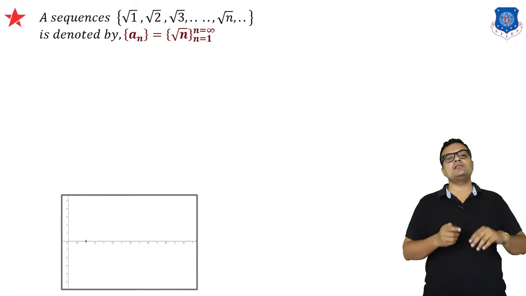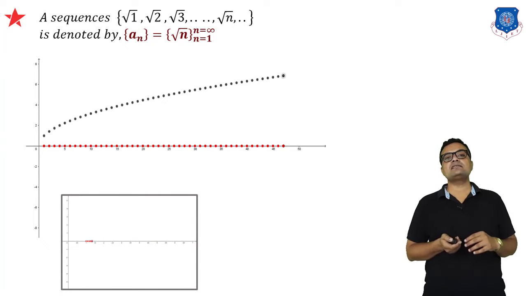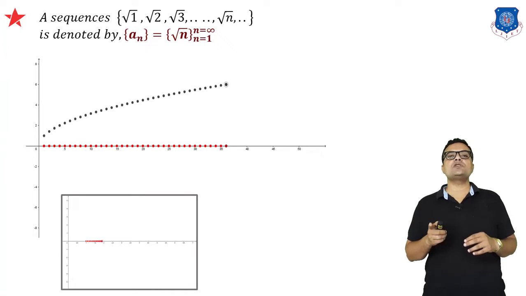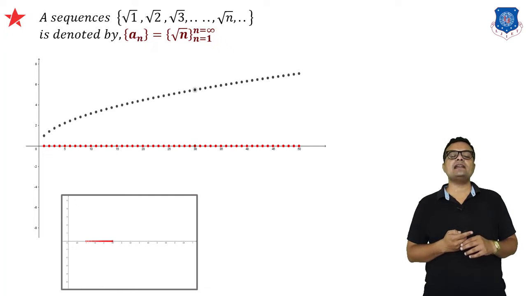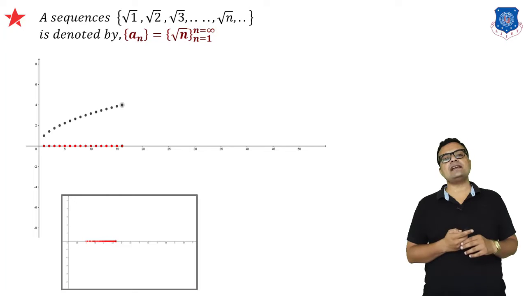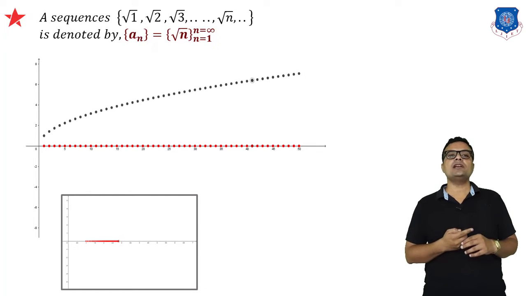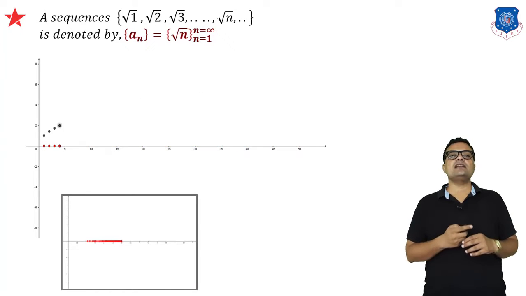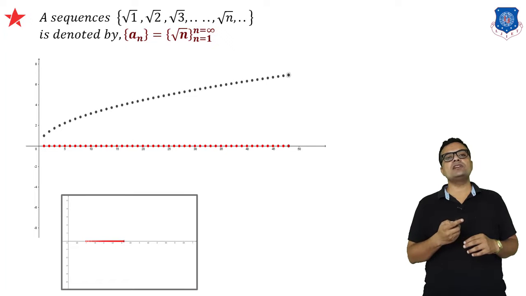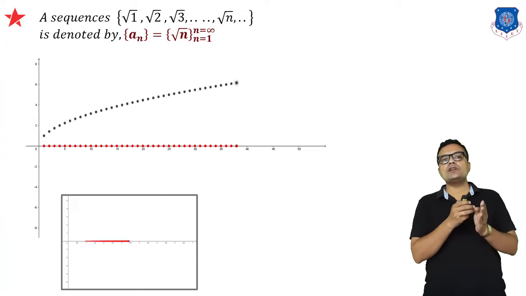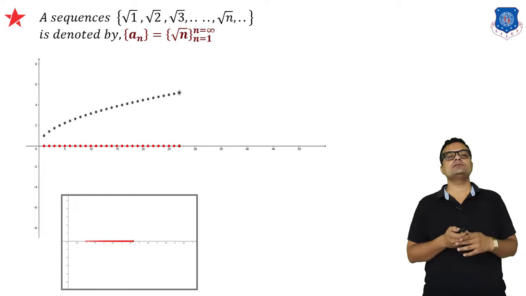To understand this more clearly, let us consider this interpretation. Now on the x-axis I am denoting the index n, and on the y-axis I am denoting the value an. So you can see clearly, if I take 1 the value is 1, if I take 2 the value is 1.41 something, and so on. I am now denoting values in between 1 and 2 also.